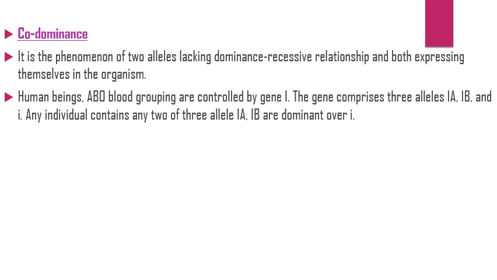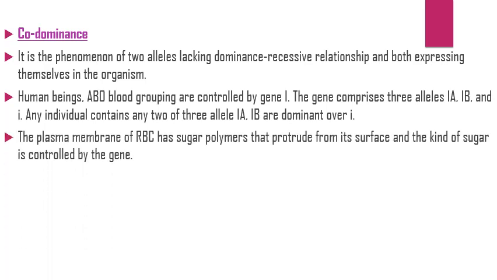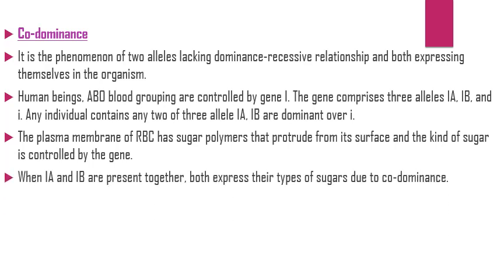Any individual contains any two of three alleles. IA and IB are dominant over small i. The plasma membrane of RBC has sugar polymers that protrude from its surface, and the kind of sugar is controlled by the gene. When IA and IB are present together, both express their types of sugar due to codominance.